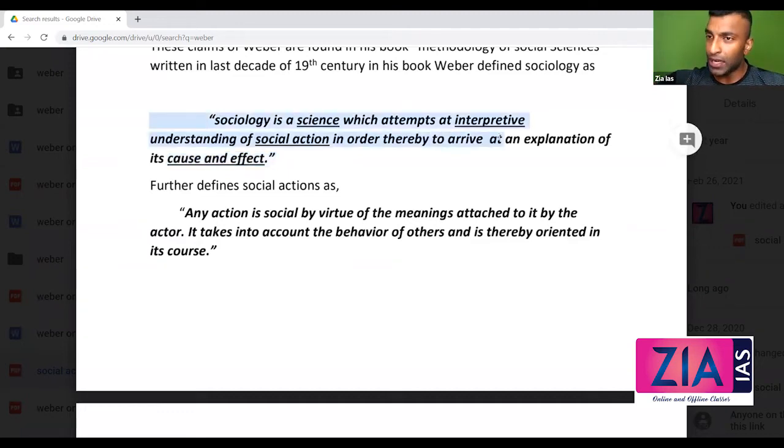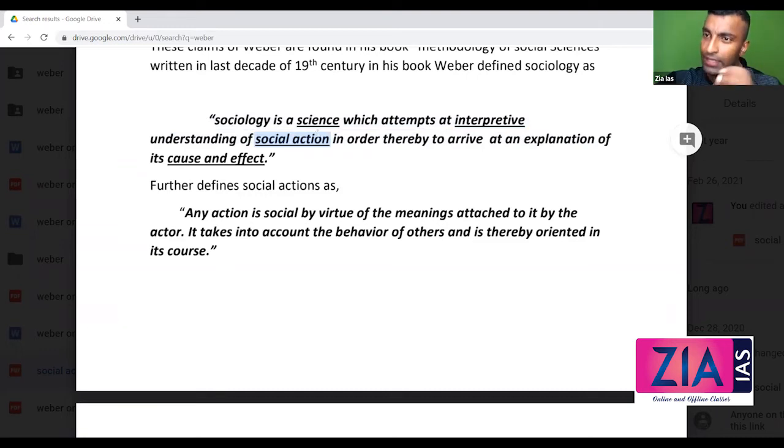Correct? So sociology is a science which attempts at interpretive understanding of social action in order thereby to arrive at an explanation of cause and effect. Now, what is social action and everything, I'll come to later. But this is his idea about sociology. This is how he explained. This is where he tells what is the scope of sociology. It is nothing but interpretive understanding of social action.